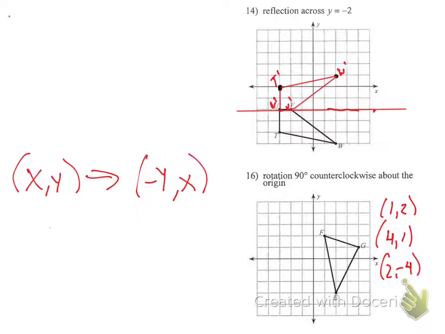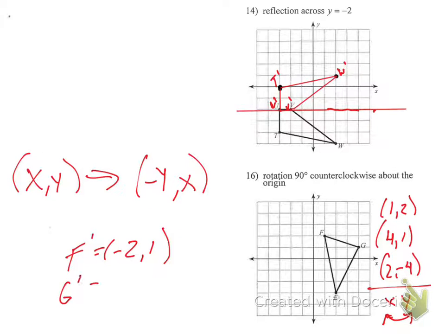So if this is the x, y, what I'm going to have to do is flip them, and then for the y, just flip the sign. So these new points: F prime is going to equal, I flip this, and it'll be (-2, 1).